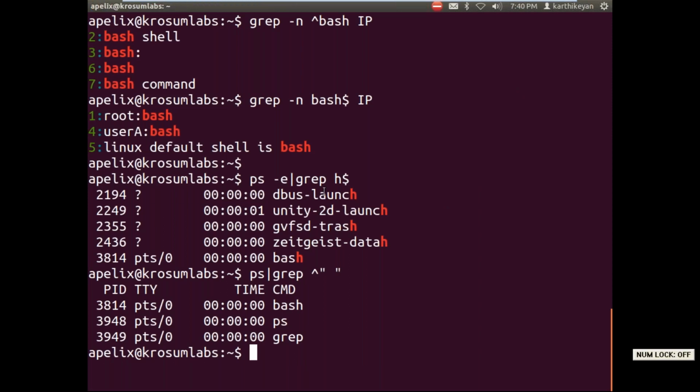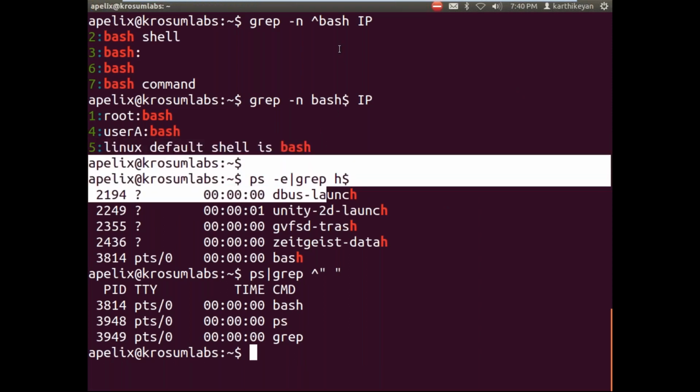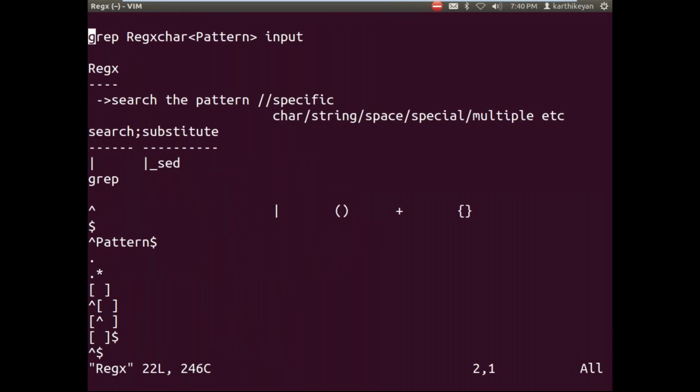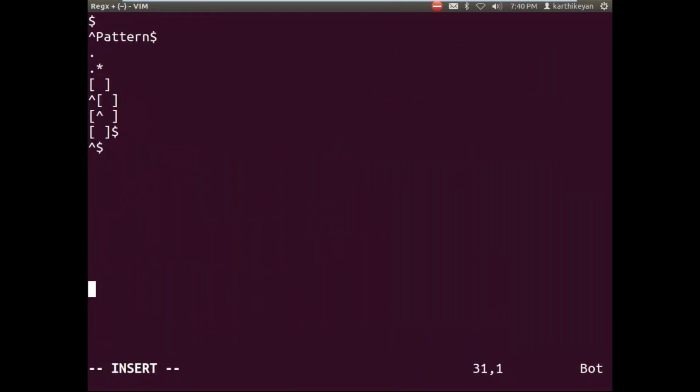So, if you want to find a line that starts with a pattern, this is like a formula in regular expression: anchor followed by pattern. This is the structure. Line starts with the pattern. If you want to find a line that ends with a pattern, pattern followed by dollar.